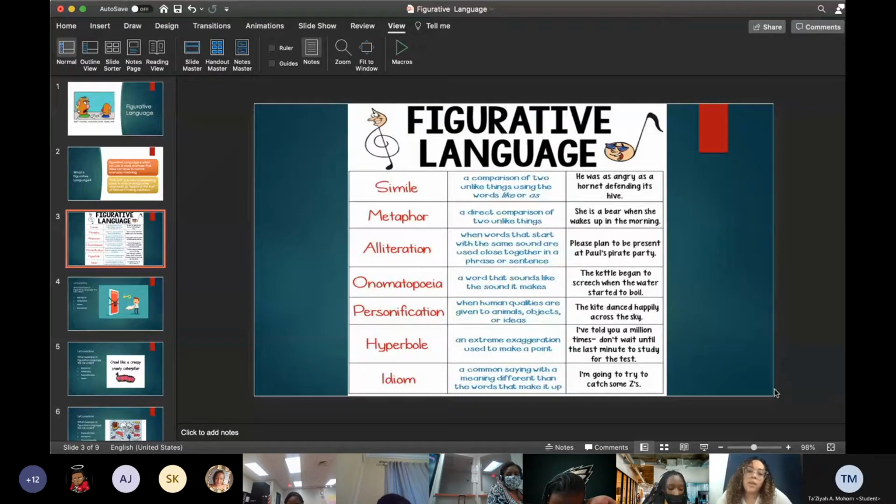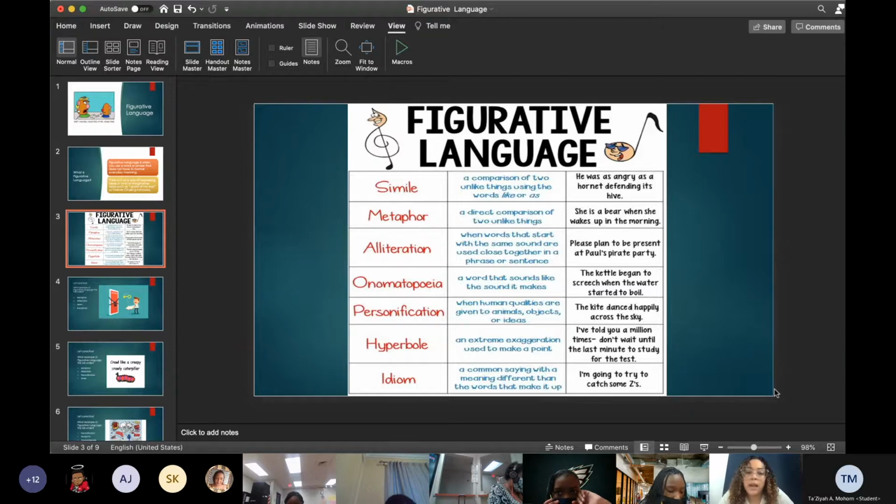A metaphor is a direct comparison of two unlike things. She is a bear when she wakes up in the morning. Alliteration is when words that start with the same sound are used close together in a phrase or sentence. Please plan to be present at Paul's private party.